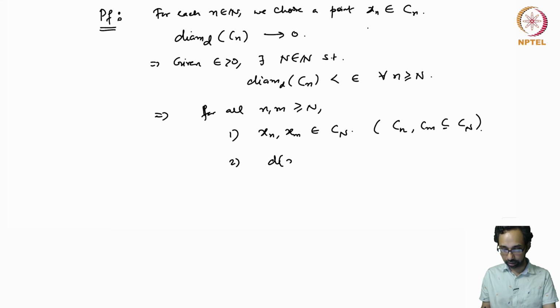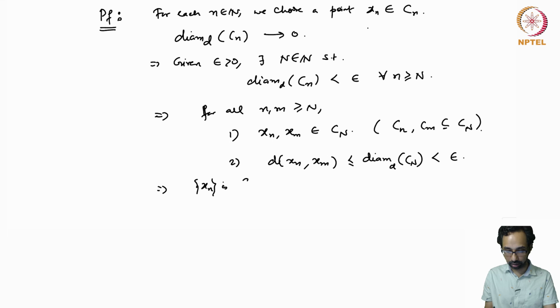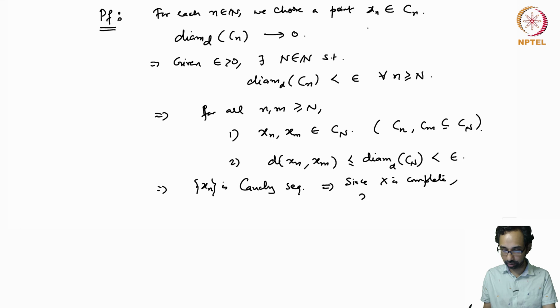And secondly, the distance d(xn, xm) is therefore less than or equal to the diameter of CN, and this is less than epsilon. So therefore we have a Cauchy sequence. This means that xn is a Cauchy sequence, and this means by the completeness, since X is complete, xn converges to some point x for some x.